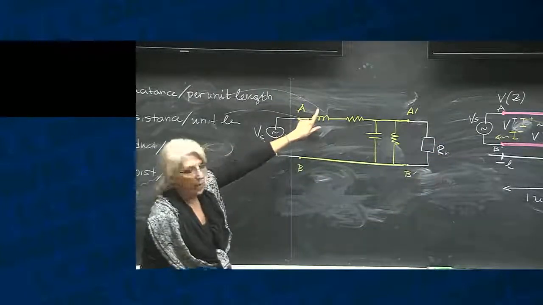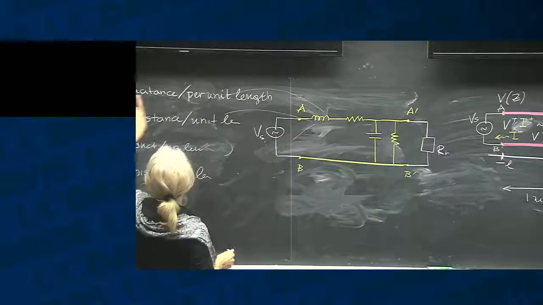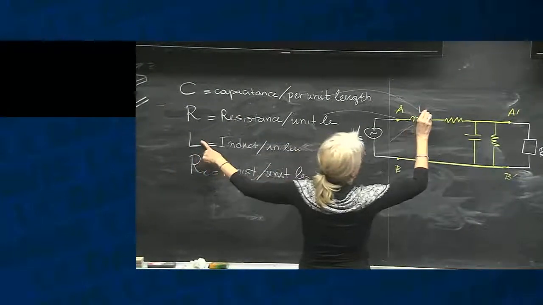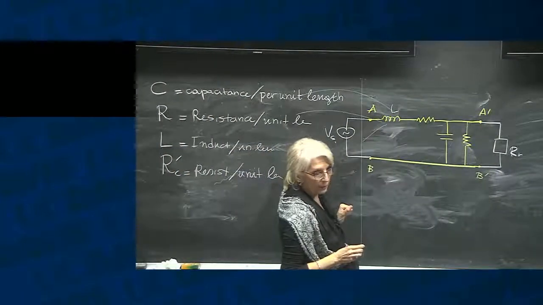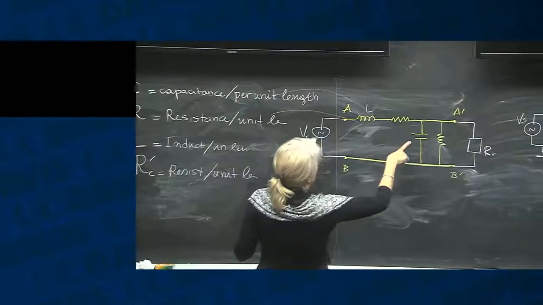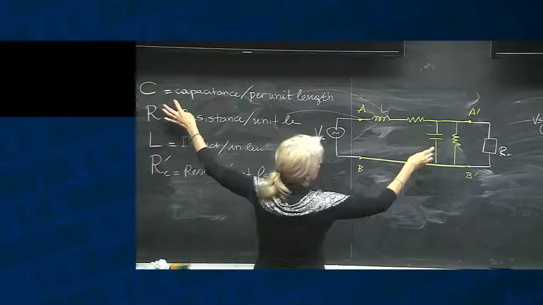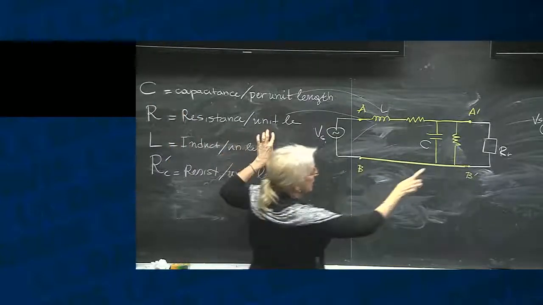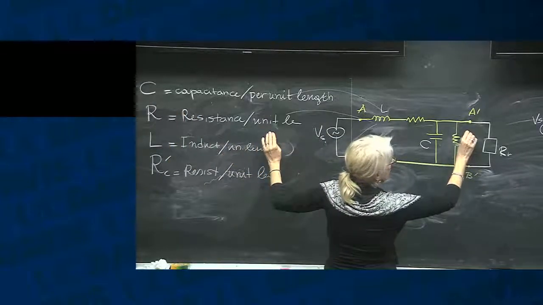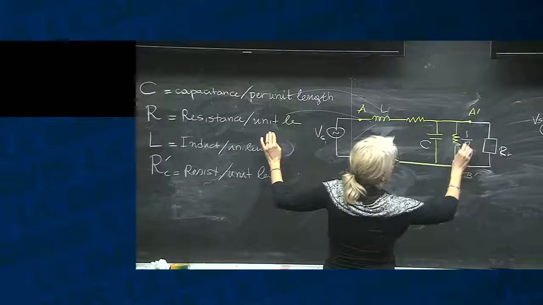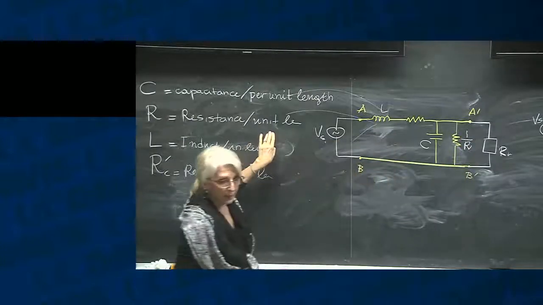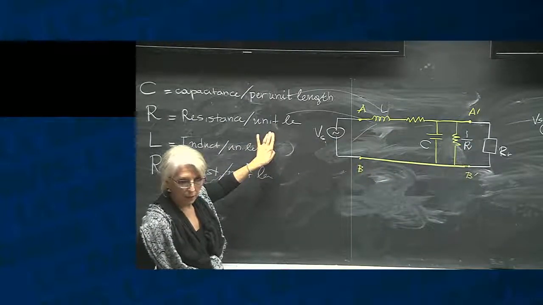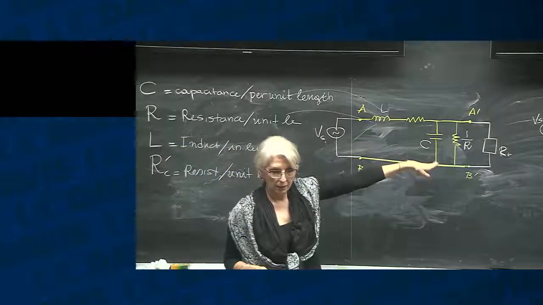Where L is this one, per unit length. C is this one. Resistance, and I will show it here as a conductance, which is 1 over R. And why do I show it as a conductance? Because it's in parallel.